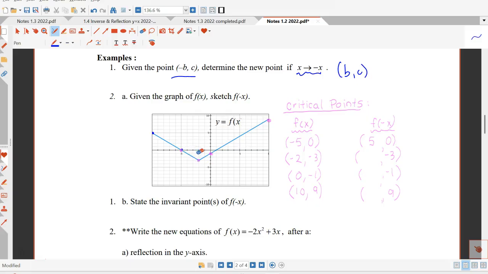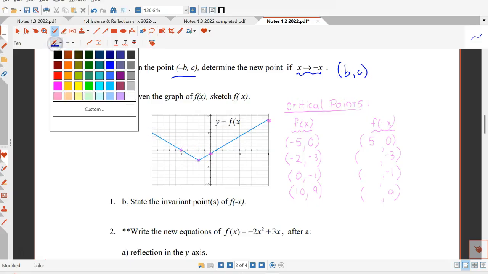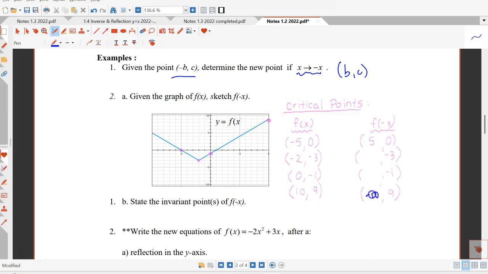If I take a look at these values and start to switch them around, reflecting them over the y-axis, this 10, 9 is going to turn into -10, 9.